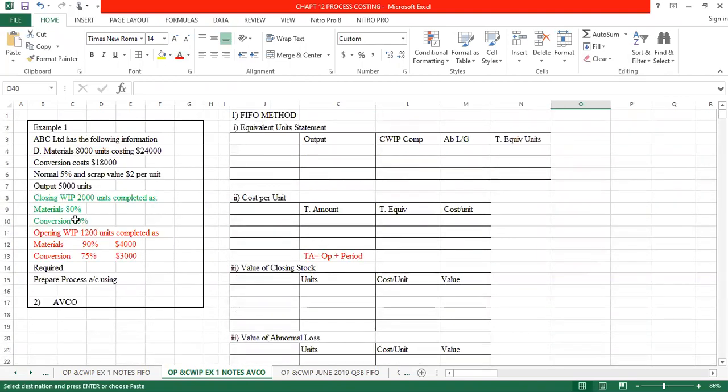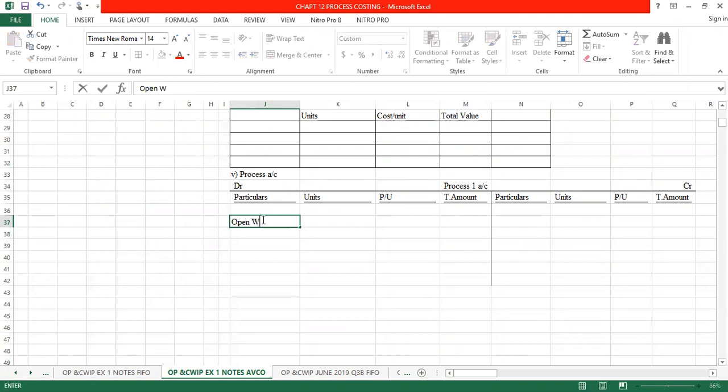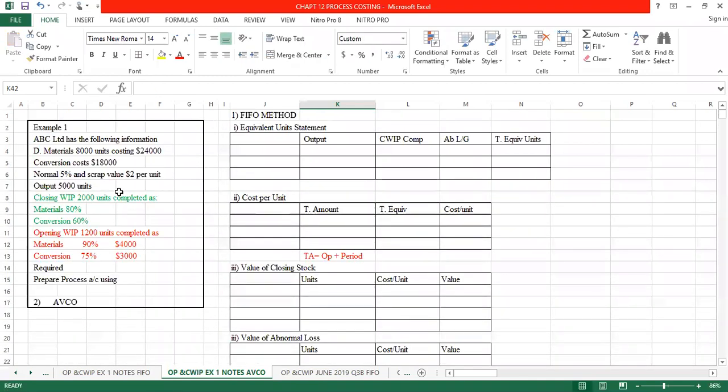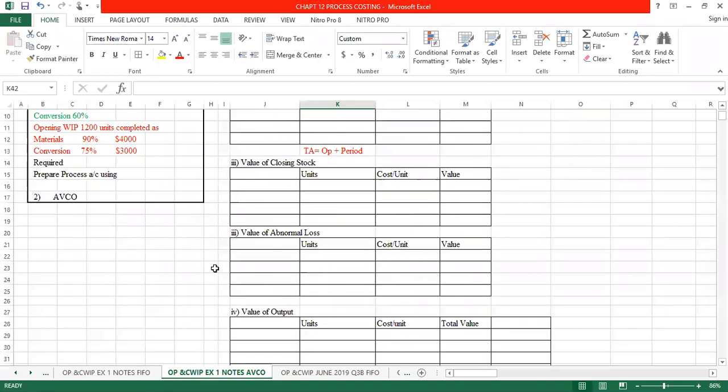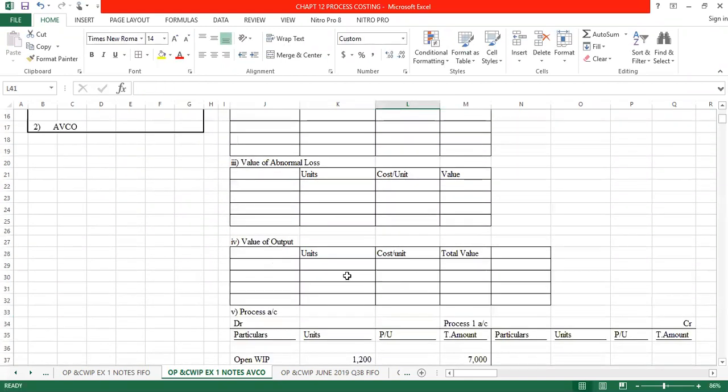So let's start with opening work in progress, which is 1,200, and the total amount we have found is 4,000 plus 3,000, which is 7,000.